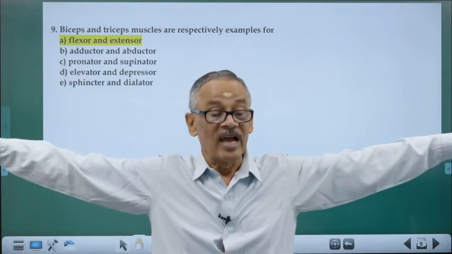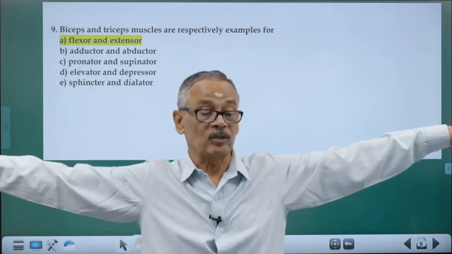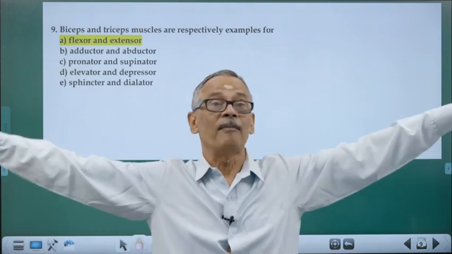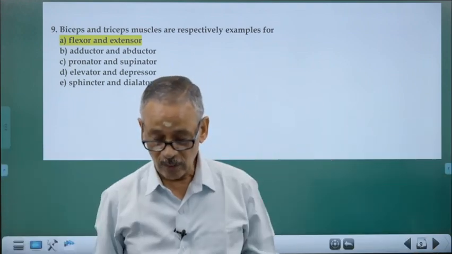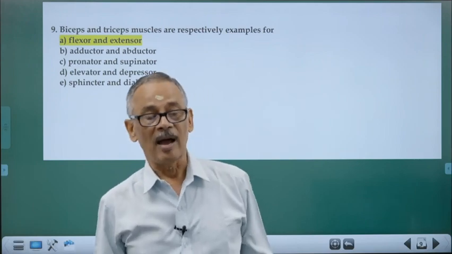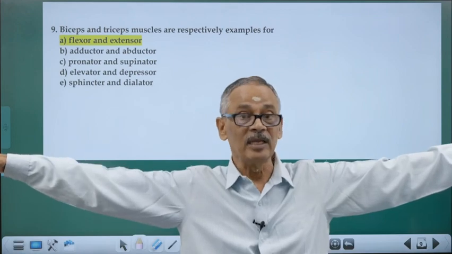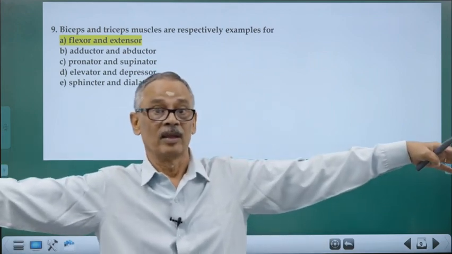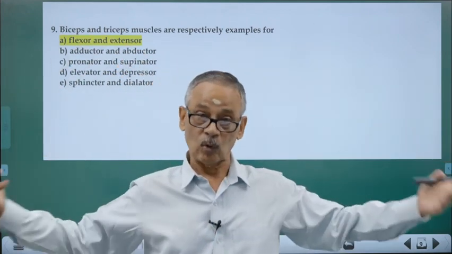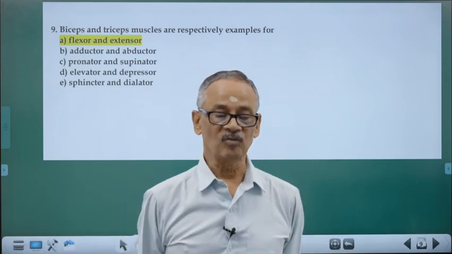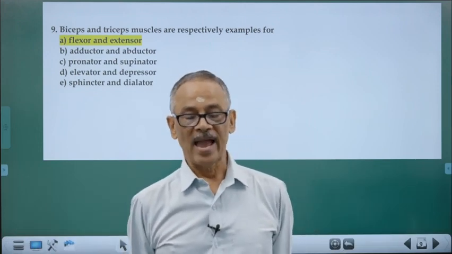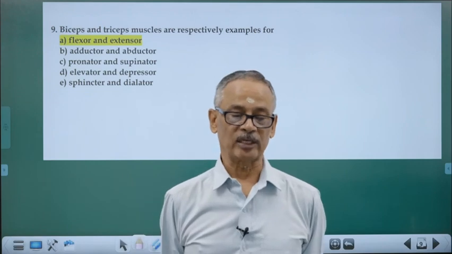So that is adductor, opposite of abductor. Adductor helps in closing. Abductor is responsible for keeping the limbs away from the median line. That is for opening. So latissimus dorsi, adductor, and deltoid, abductor.